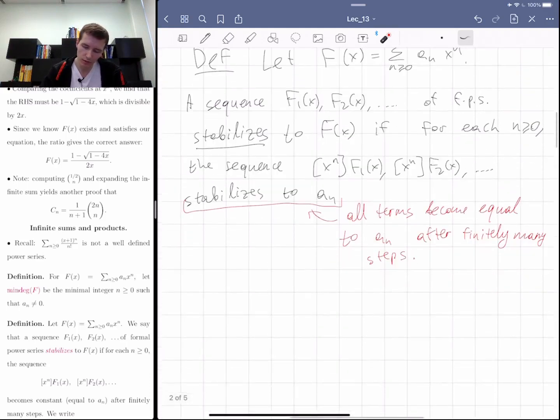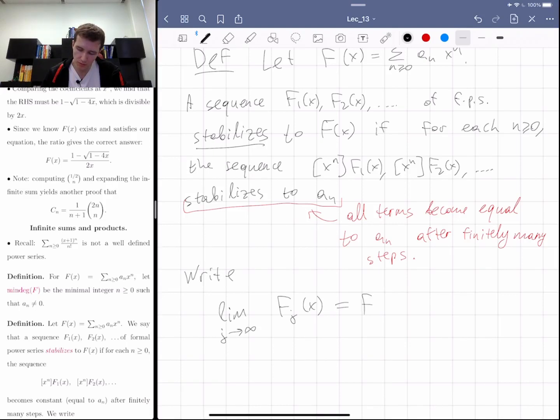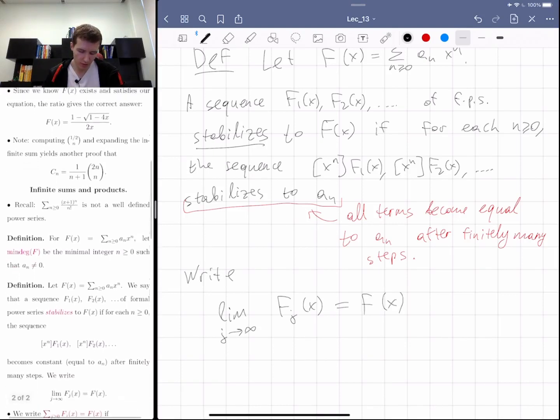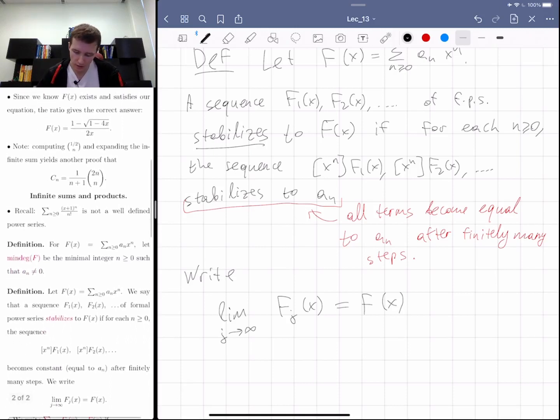So I'm going to write that the limit as j goes to infinity of f sub j of x is equal to f of x. And let me emphasize, this is not the usual calculus limit.